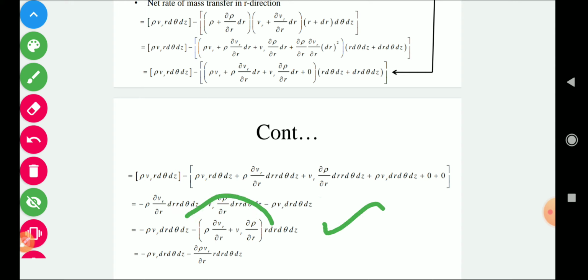Now rho del vr by del r plus vr del rho by del r can be written as del rho vr upon del r. If we differentiate this expression, we will get this value. So we can write the above equation in this form.